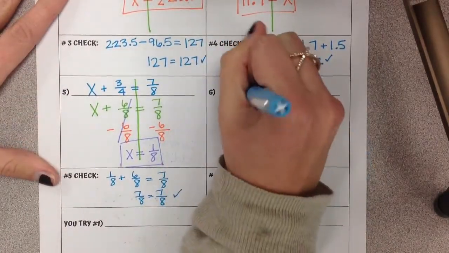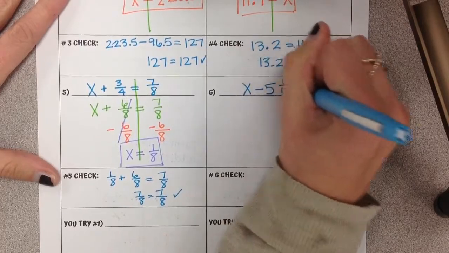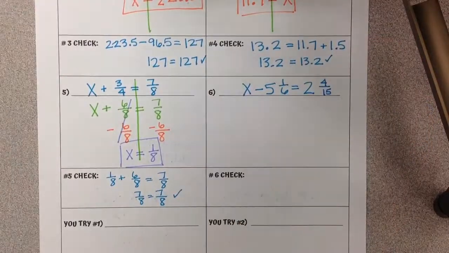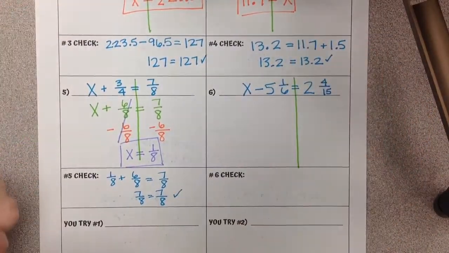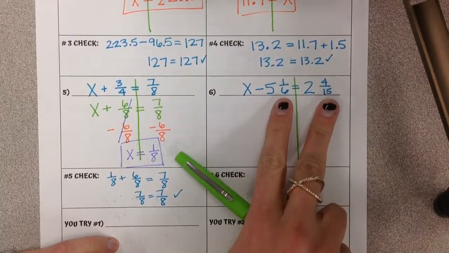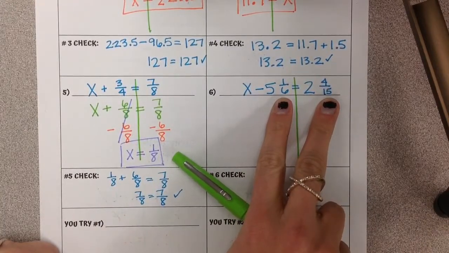So number 6, we've got x minus 5 1/6 equals 2 4/15. So step 1, draw the line down the middle. Step 2, before I do anything else, I'm just going to convert right away. So again, we need common denominators. 6 and 15, the lowest number they both multiply into is 30.